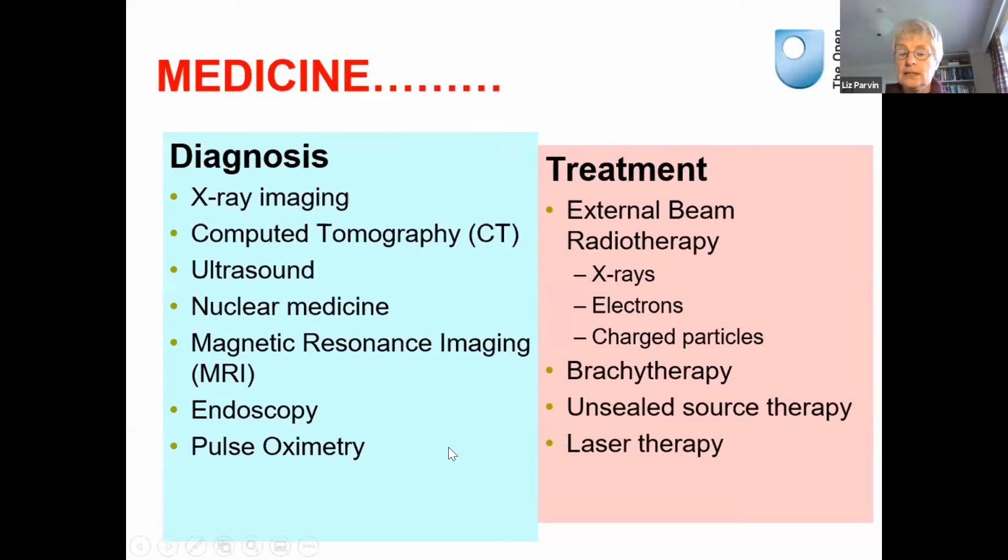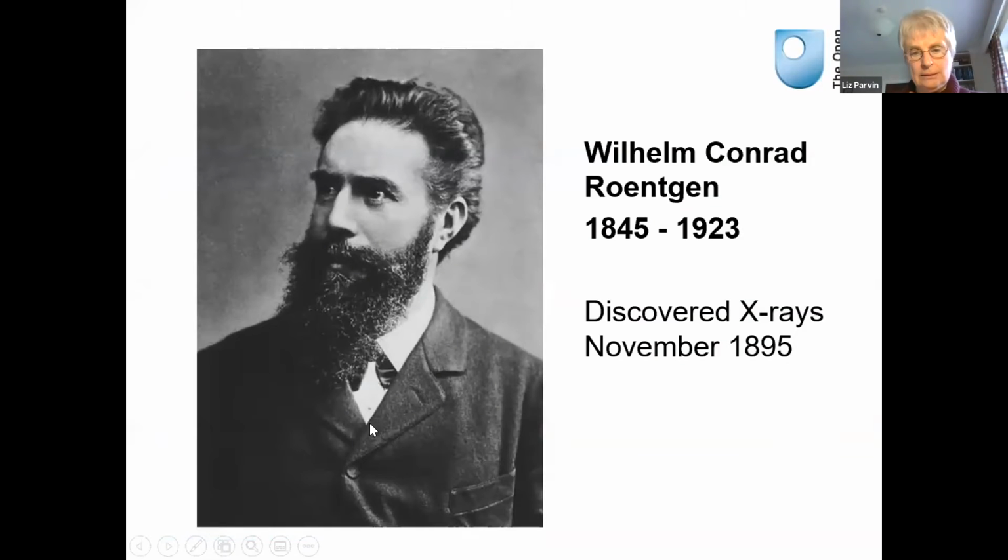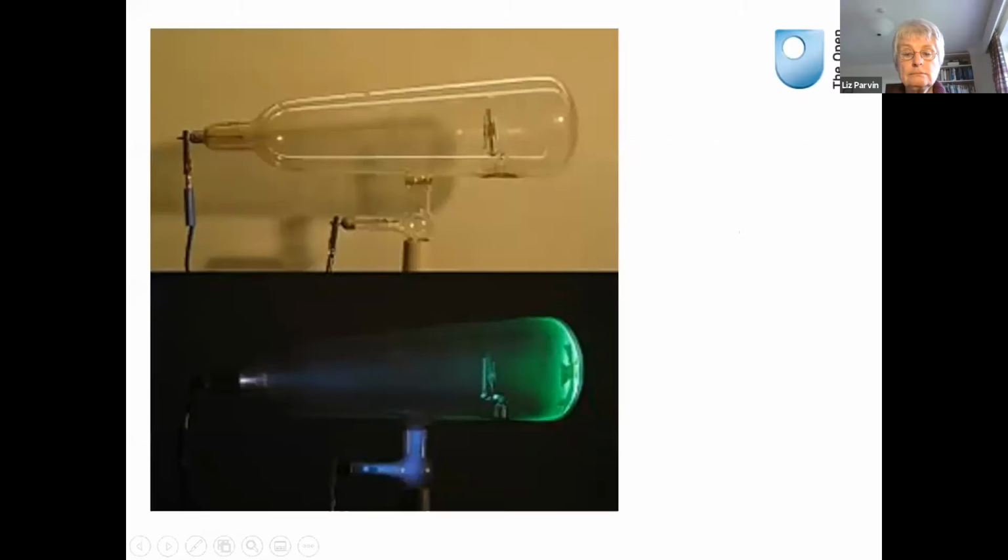So let's make a start. I'm going to start, at the beginning, with this guy, Wilhelm Conrad Röntgen, because I think there's a nice story here. And I think he was a really good scientist, this guy, because what he did was he discovered X-rays in 1895.